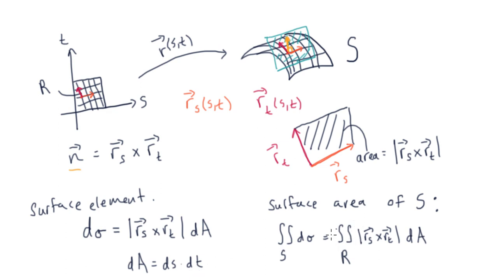So I just need to describe the domain region of my parameterization, and I can compute the surface area of a surface described by a region.